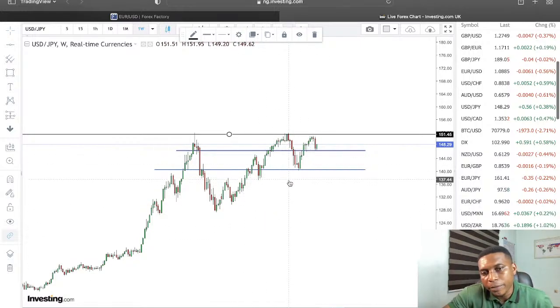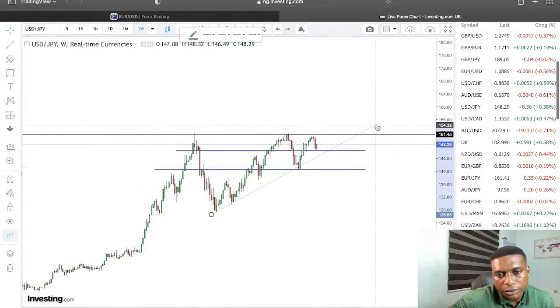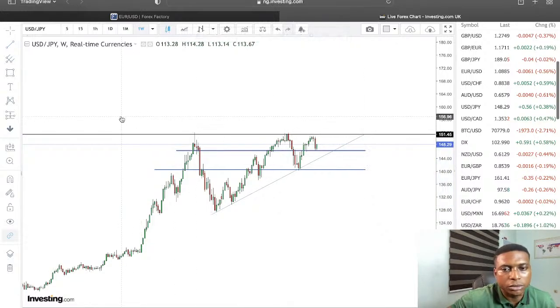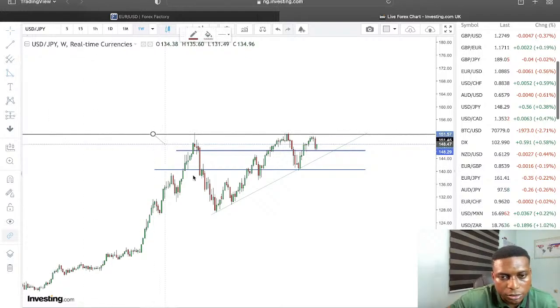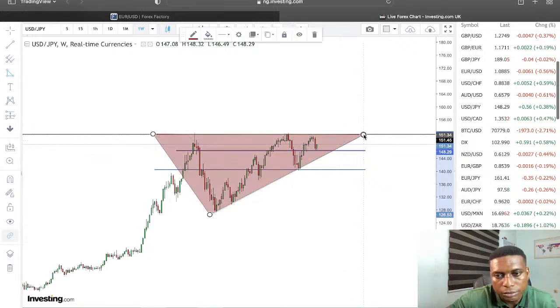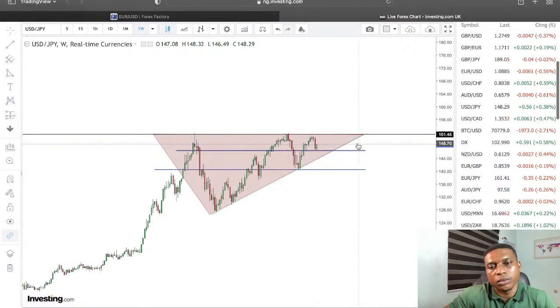Looking at the price movement from here, we can see an uptrend.